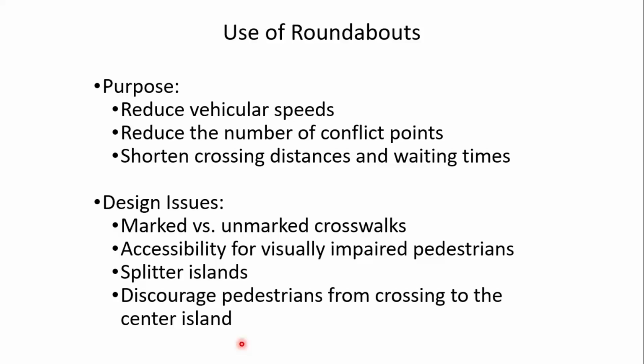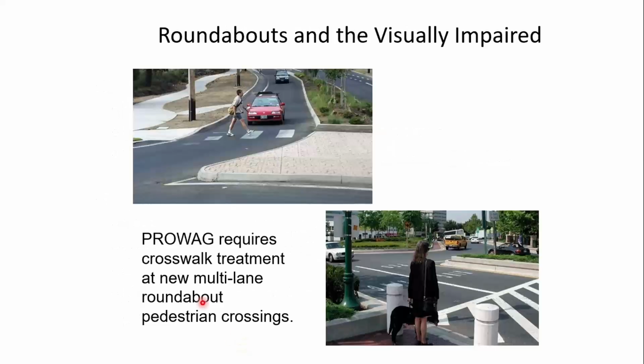But one of the big issues, the second bullet there under design issues, is that they do create some concerns for visually impaired pedestrians, because the pedestrians cross a little different location than at a conventional intersection. They're crossing one vehicle length back from the yield line and cross through a splitter island.